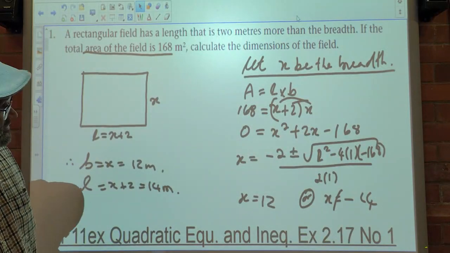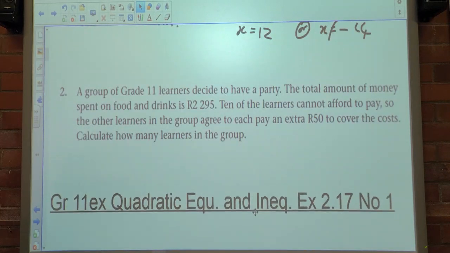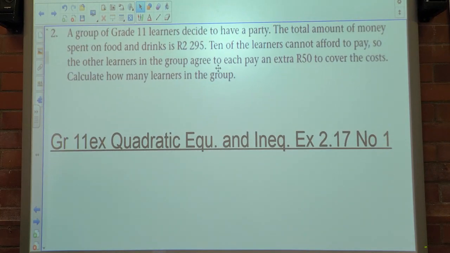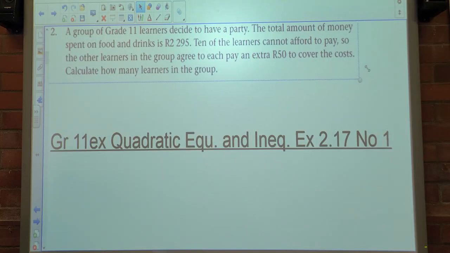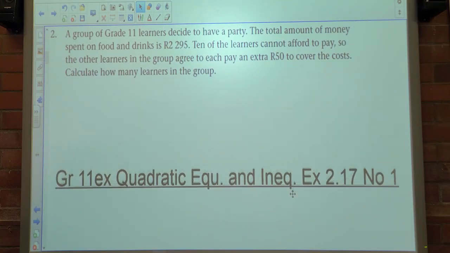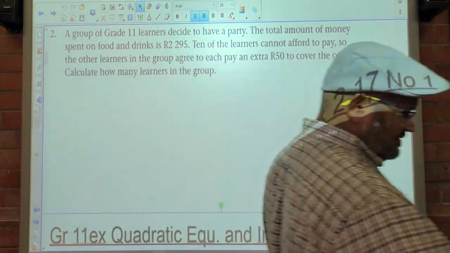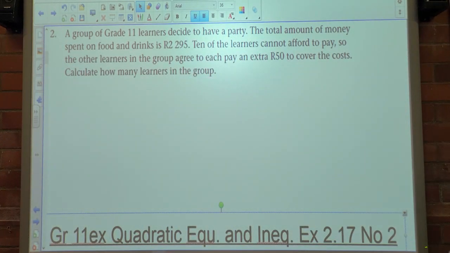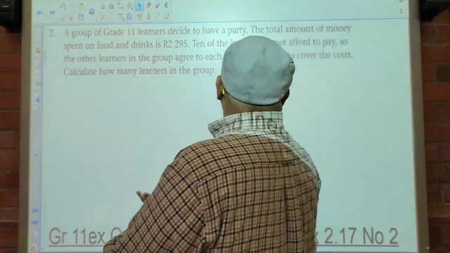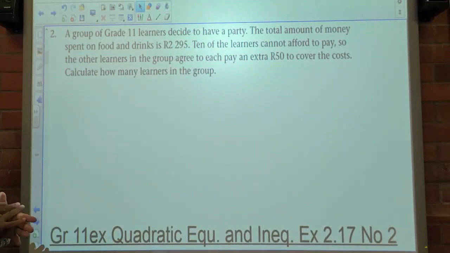Number 2. Here we are told that a group of grade 11 learners decide to have a party. Okay? I hope you guys are not like this. The total amount of money spent on food and drinks is 2,295.